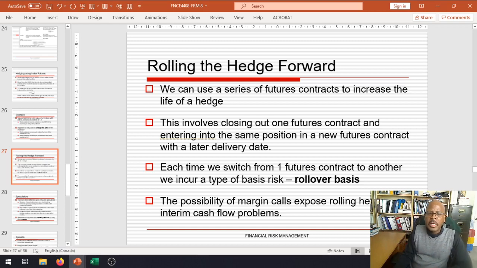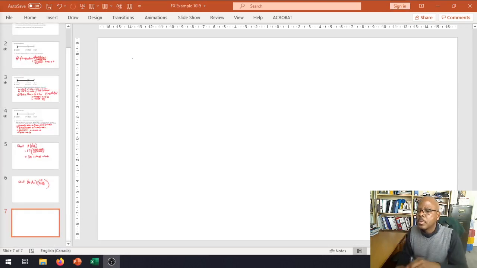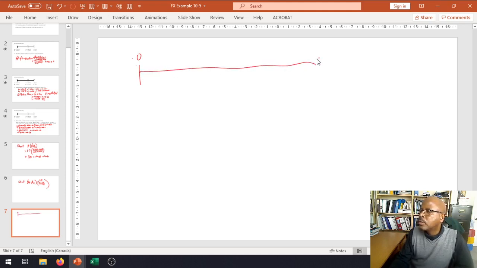Let me draw a diagram to show what I mean. So suppose this is the current time, time 0 here, and you want to hedge all the way out to here, which is way out, 2 years, and you can only get a futures contract up to here. So you take the futures contract, say 9 months.